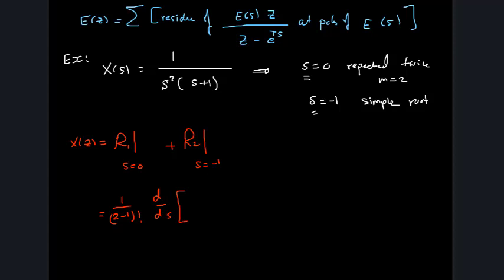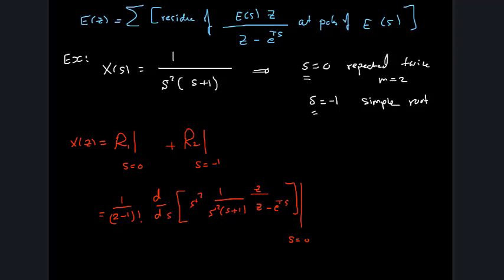Then I will multiply the root factor, which is s squared, by the function itself, 1 over s squared times (s plus 1), times z over (z minus e^(ts)), and I will evaluate at s equal to 0.